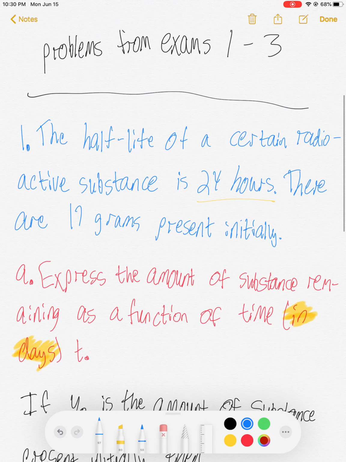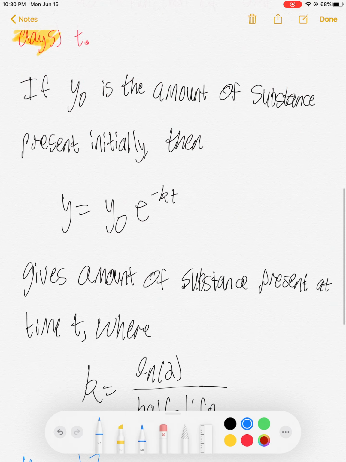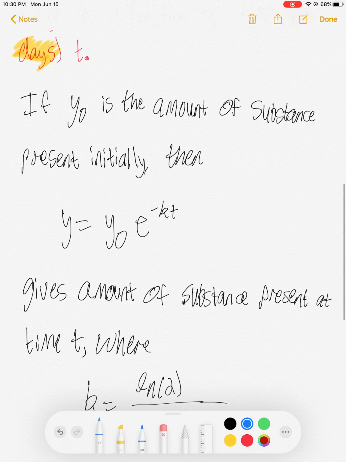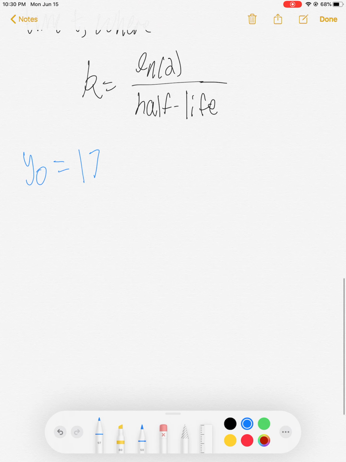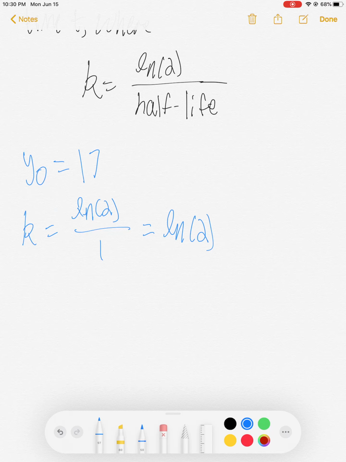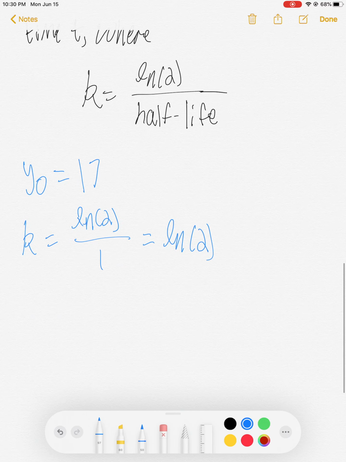So this is the setup. Now we're going to go ahead and plug in all of our information. Well, the amount of substance present initially, we are told, is 17 grams. Okay, so we have that y naught equals 17. Now the half-life, we are told, is 24 hours.